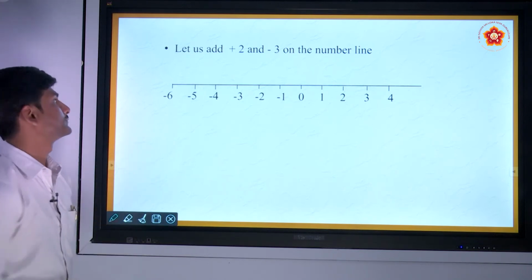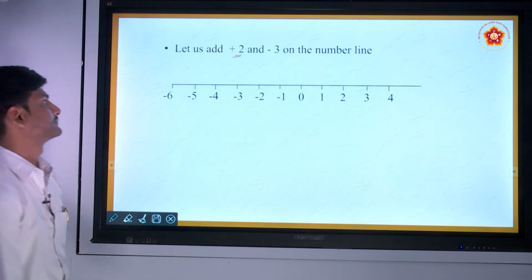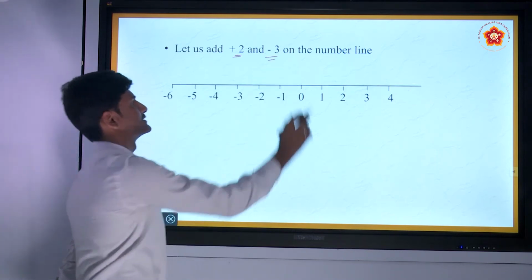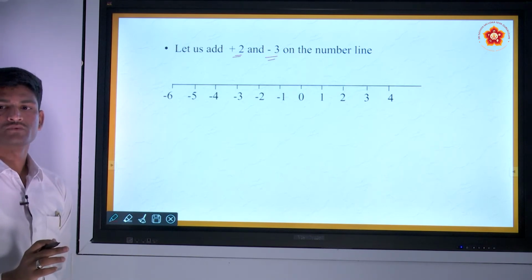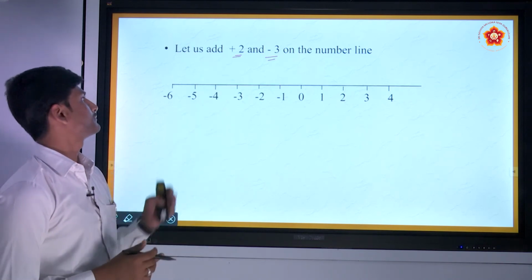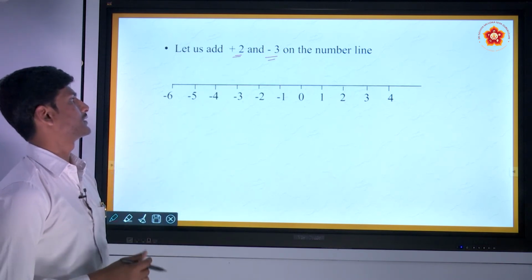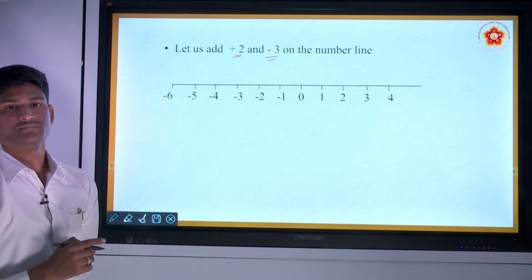Then when we have one positive integer and also one negative integer, right?